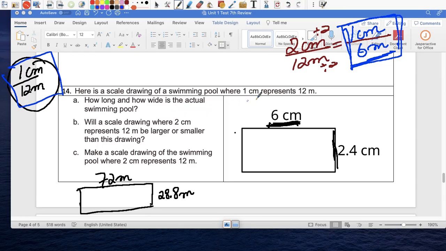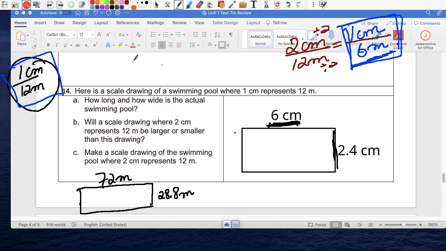Obviously, what did we talk about? Here, every centimeter represents less distance, so his drawing is going to be bigger. It has that opposite effect. It takes more centimeters for him to represent the same distance.